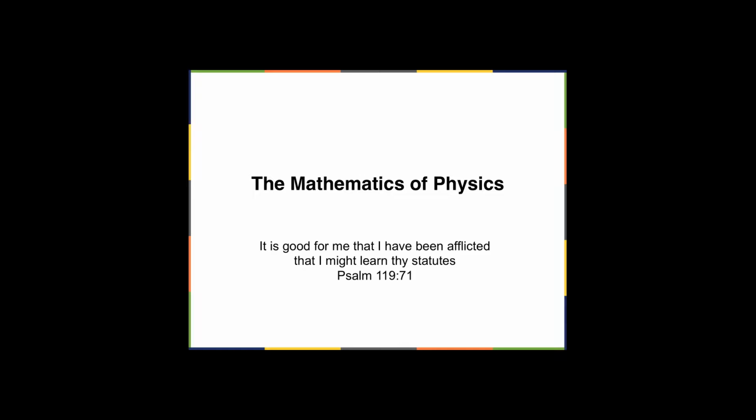This introductory lecture is on the mathematics of physics. What I want to do is go over the principles of how we do problems in physics, focusing on a couple of ideas that are important and will be important throughout your time in this class.